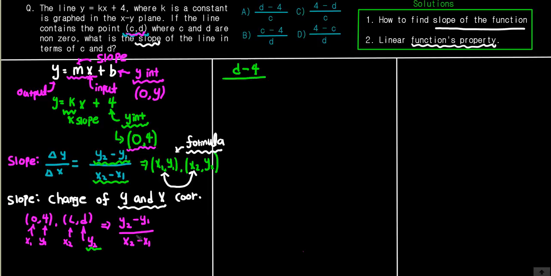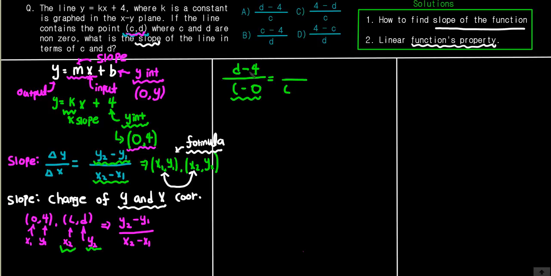In the denominator, x2 is c and x1 is 0, so c minus 0 just turns into c.